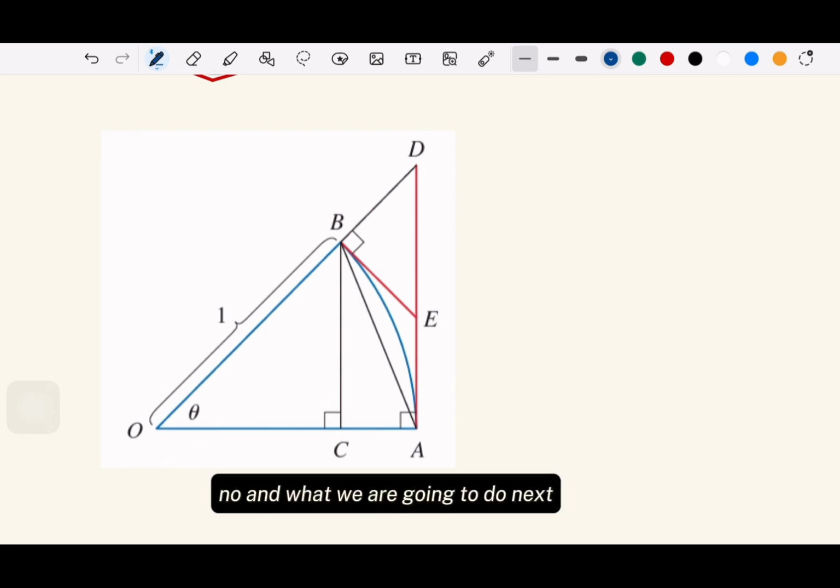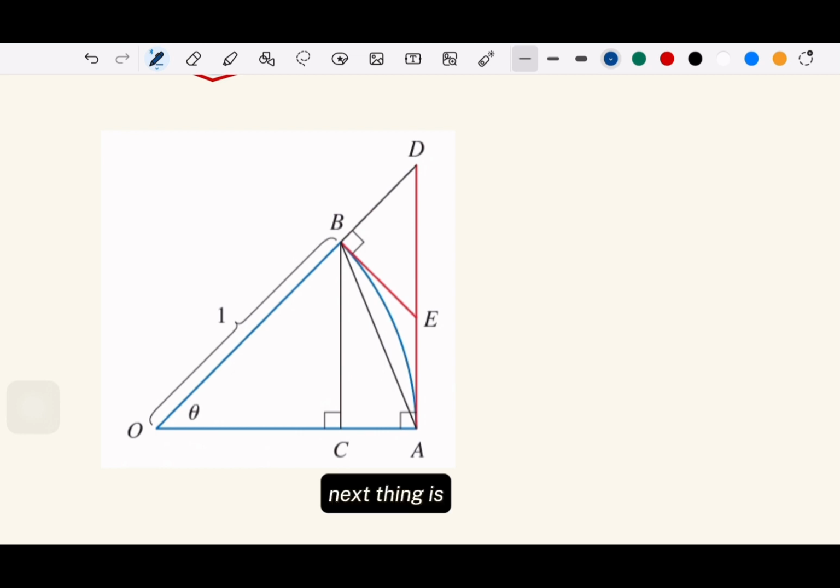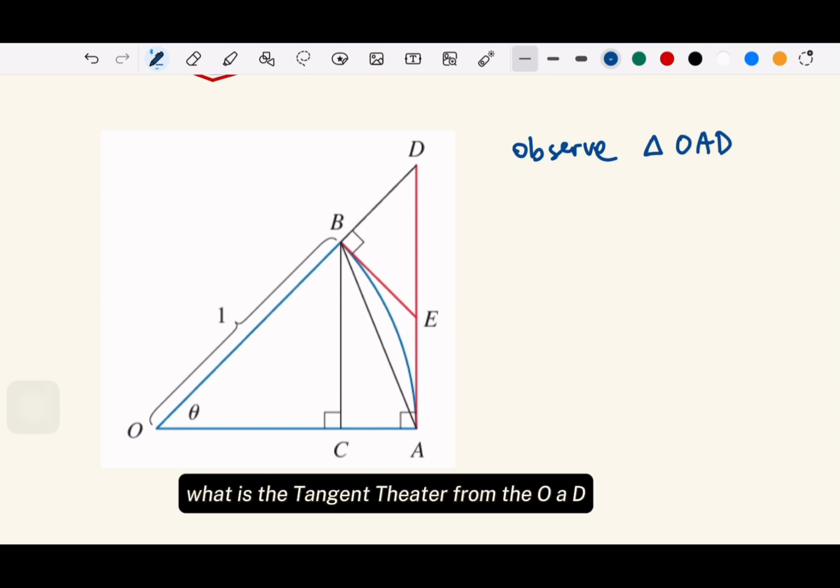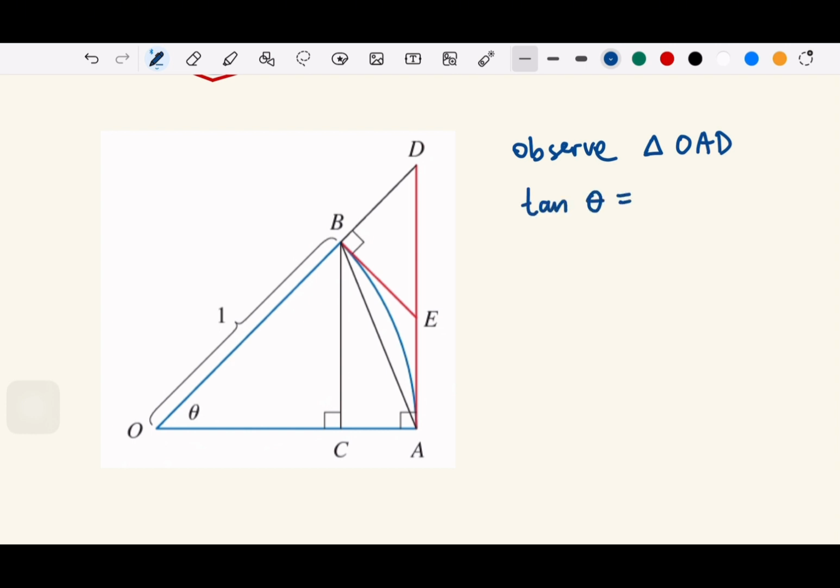Now, what are we going to do next? Next thing is to observe triangle OAD. What is the tangent theta from the OAD?